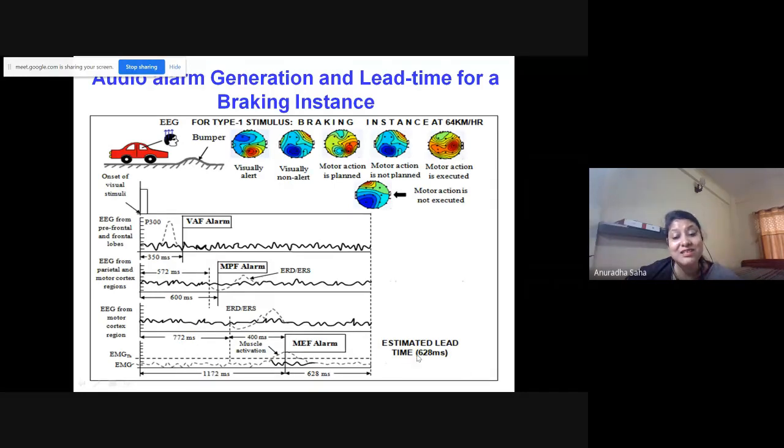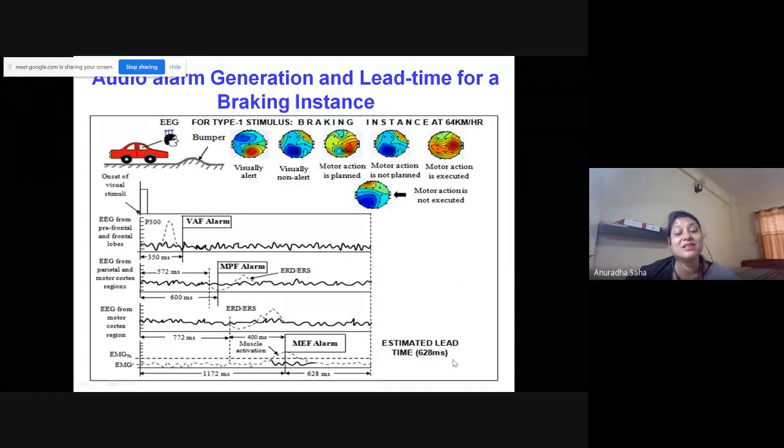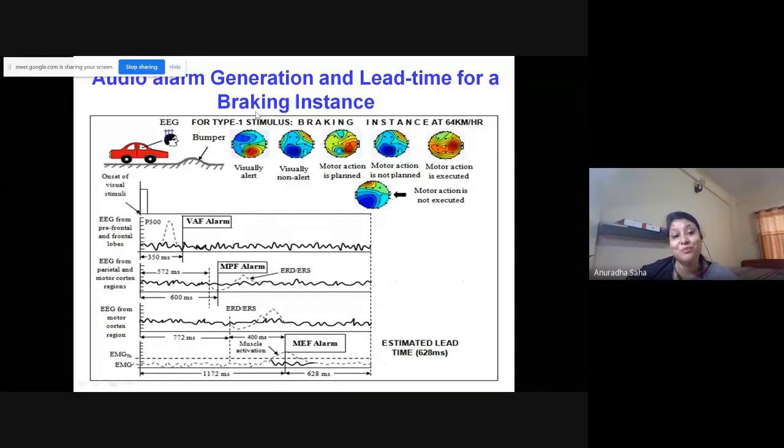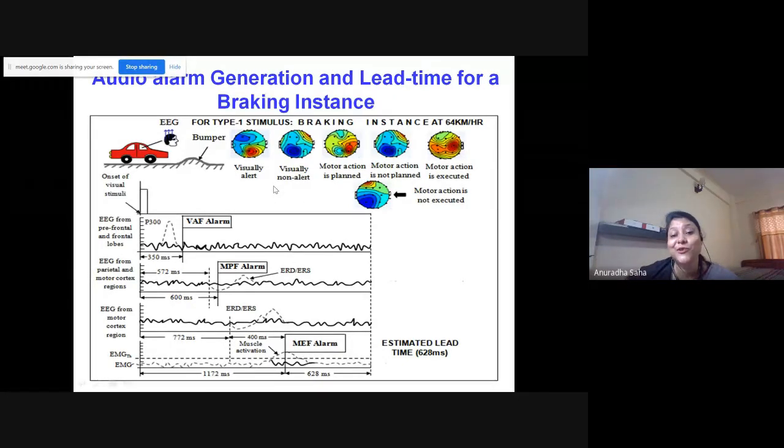The estimated lead time is 628 milliseconds, which means that if the driver is alert enough, he can press the brake within this estimated lead time, because only 628 milliseconds is required. And you can have all the brain lobe images from the EEG device, which give you a conclusion whether you are visually alert or not, and you can see that the occipital lobe is highlighted, which gives you the sense that yes, it is visually alert.